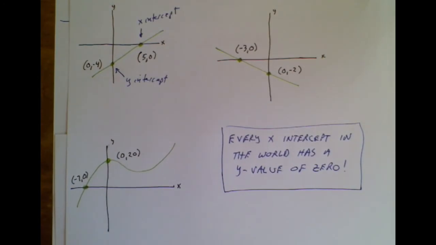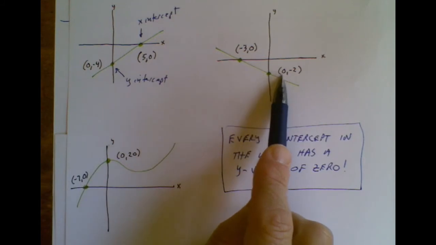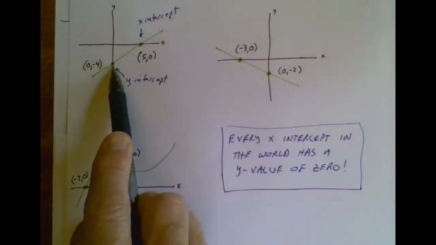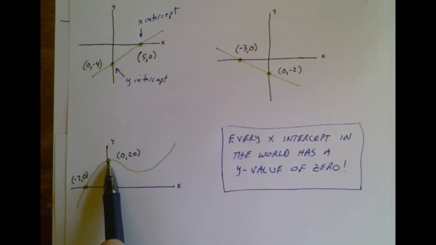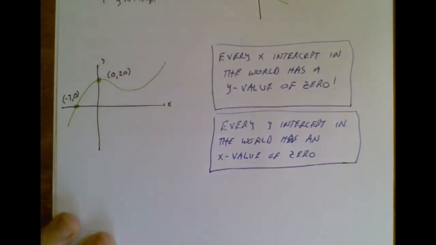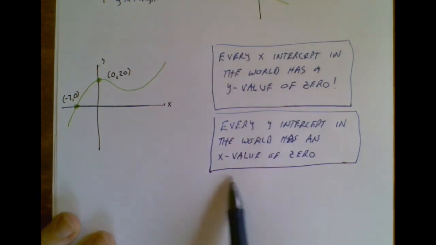Now we're going to notice a similar phenomenon with the y-intercepts. Here's a y-intercept. It has an x value of 0. Y-intercept, it has an x value of 0. Y-intercept, its x coordinate is 0. So as you would guess, we can come up with this statement. Every single y-intercept in the entire world has an x value of 0.